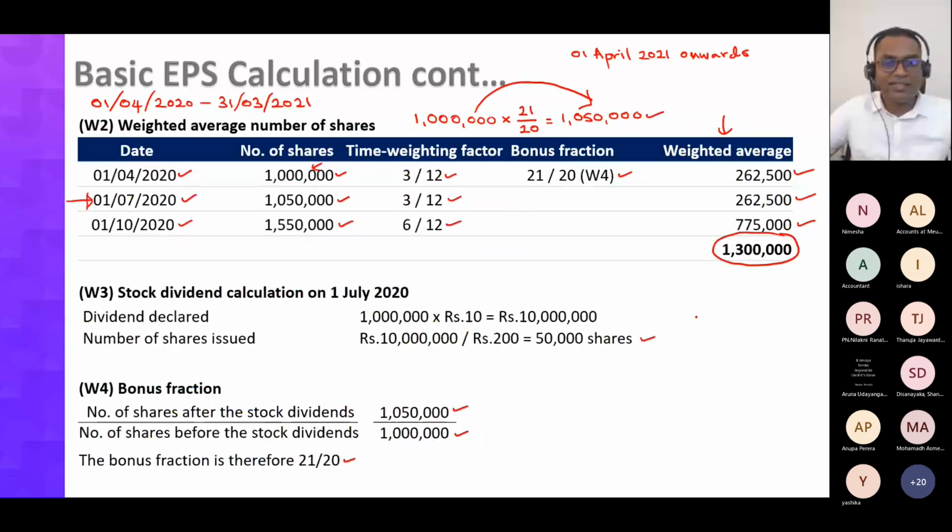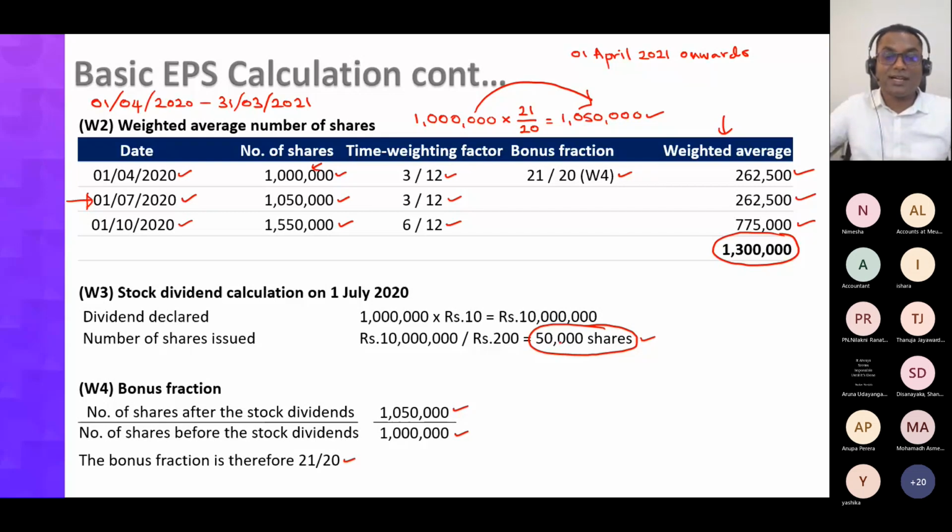If you look at the current year, 50,000 shares have been issued as stock dividends. That is an increase in number of shares without a corresponding increase in the resources.